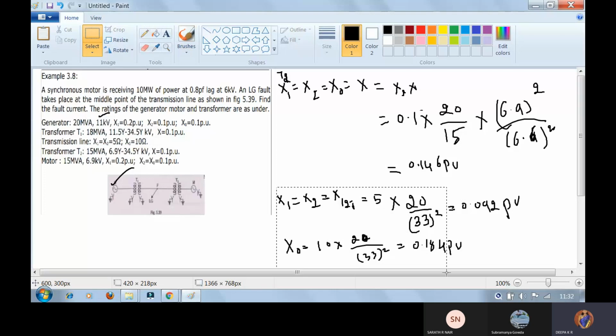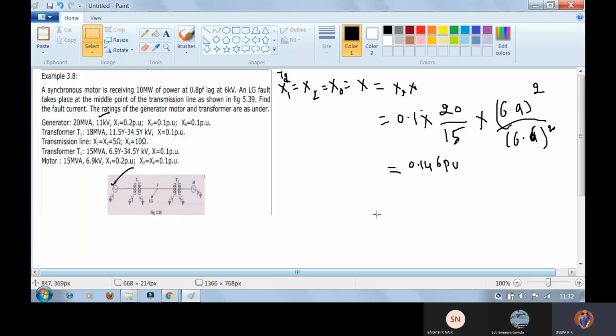So for the motor, instead of going for all three different calculations, two is enough because your positive sequence values are given, and negative and zero sequence are given in a common term. So first we'll find out for motor 1, that is in terms of x1. So x1 is equal to, you can see the reactance value is given as 0.2. New value is 20.